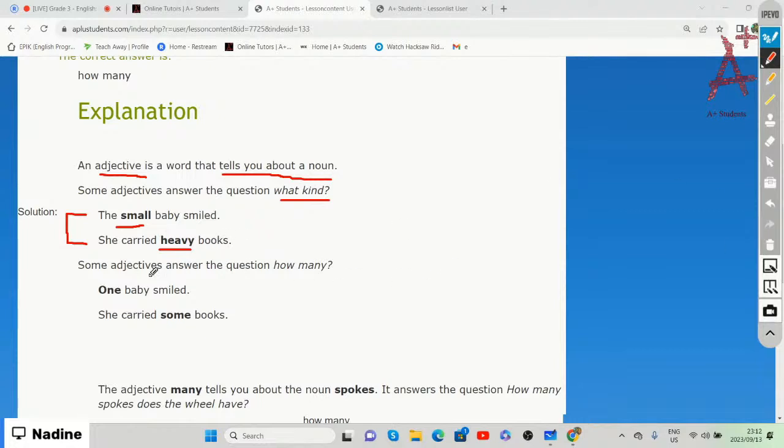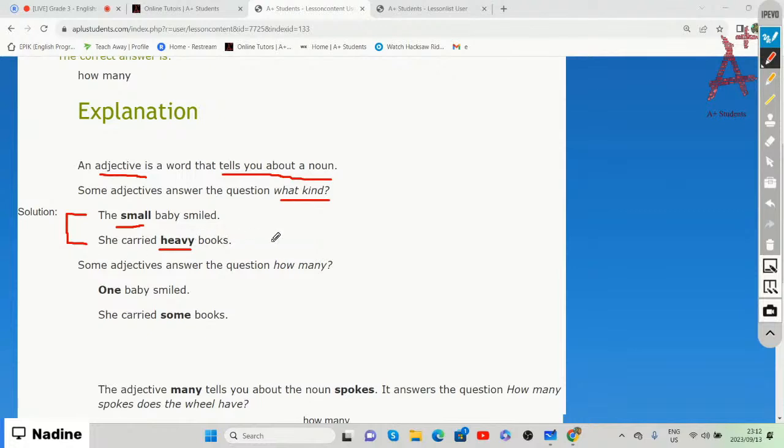You can even say she carried big books, or she carried small books. Can you think of any other ways to describe what kind of books? She carried comedy books. So you are basically describing what kind of books she carried.